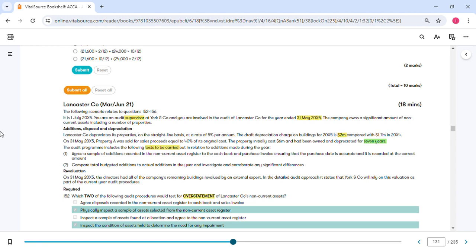Initial cost is how much? 6 million. Depreciation is how much? That we calculated now, 2.1 million. Okay. Now 6 million minus 2.1, how much?